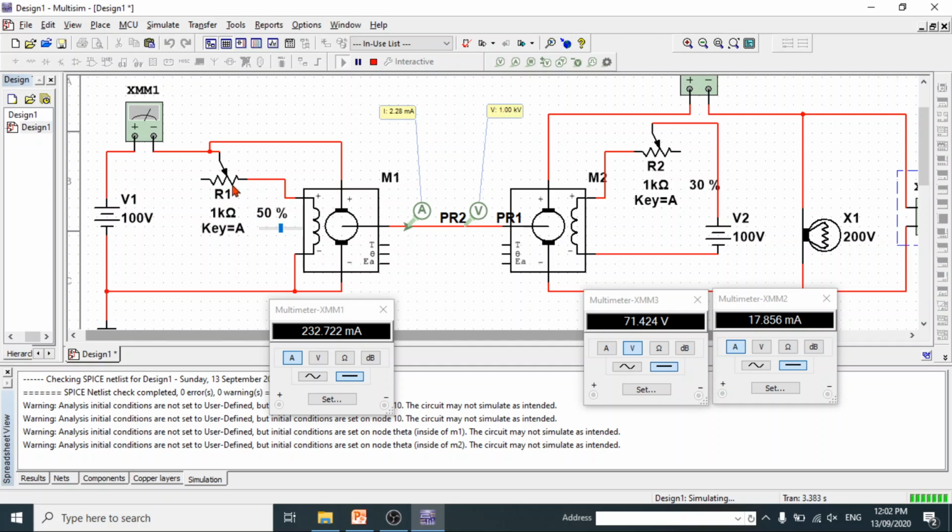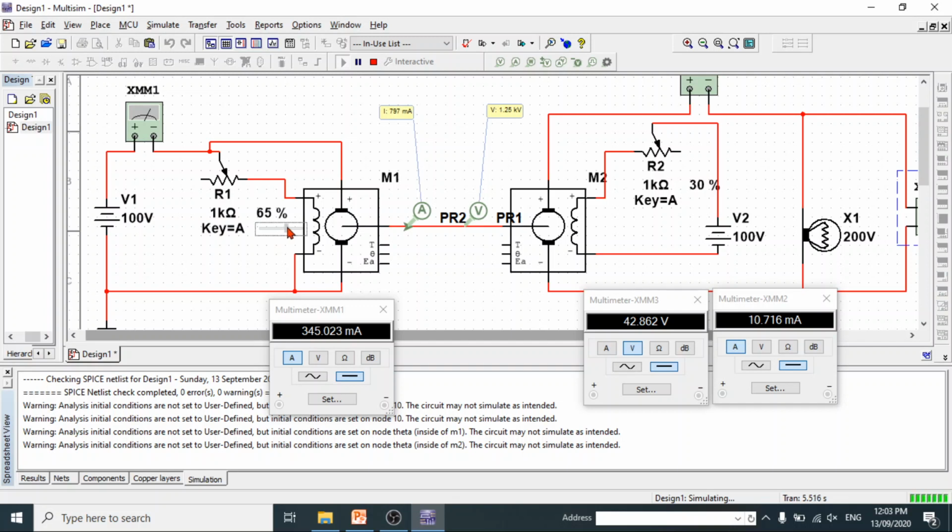When the potentiometer is 50%, that means a certain current is flowing here, creating the magnetism. So the speed is 1000 radian per second. If we decrease the percentage tapping, you notice the speed of the motor changes also.